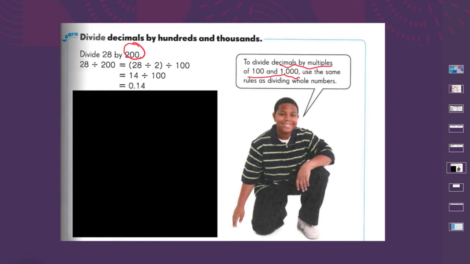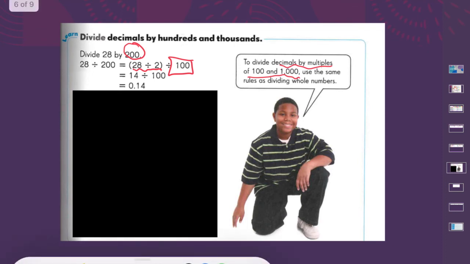So we can say 28 divided by 2, which is a basic fact for us, divided by 100. So 28 divided by 2 is 14. And 14 divided by 100, well, if the decimal point is after the 4 and we're dividing by 100, we know we're going to move the decimal point 2 places to the left for a quotient of 14 hundredths.